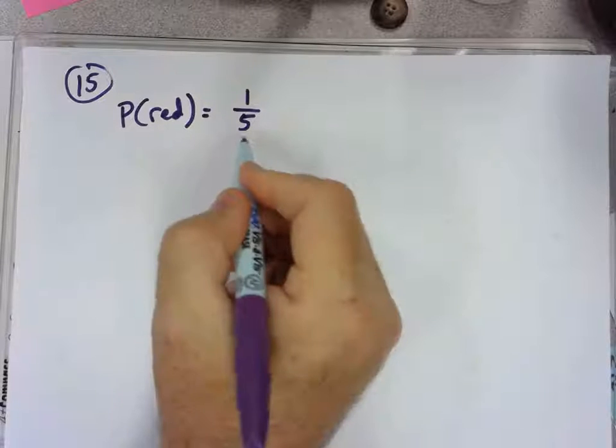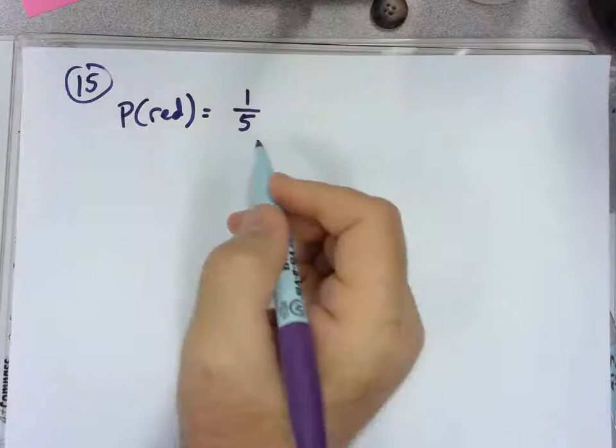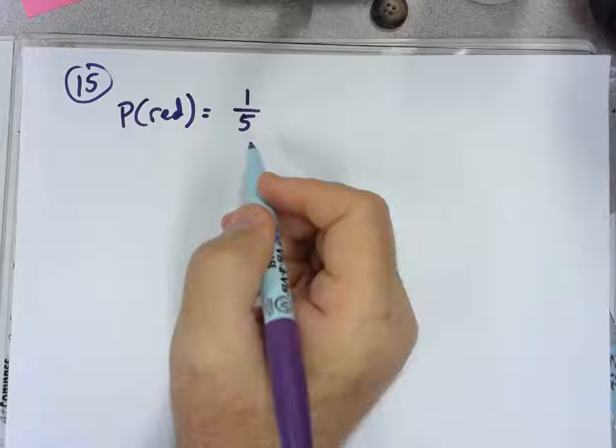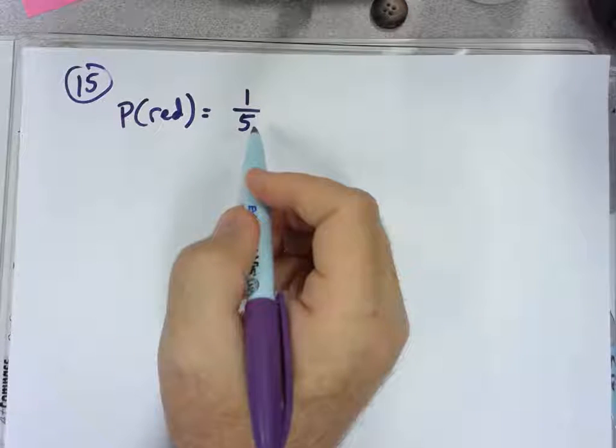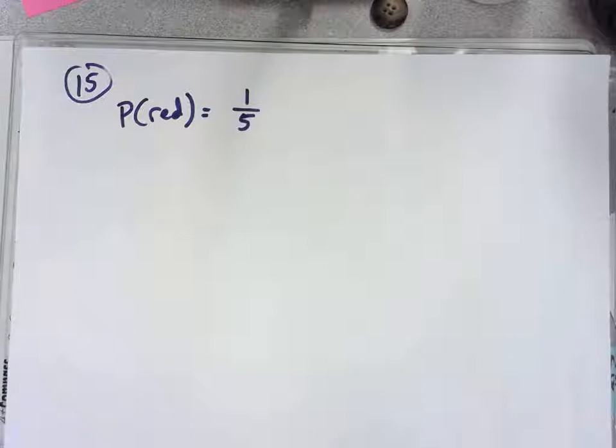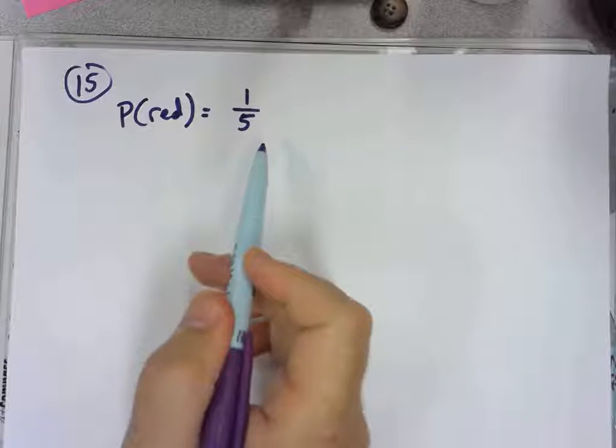It's going to reduce down to 1/5. So there's no point in doing that. Why? Because all the probabilities of getting each of those colors have to add up to 1. And 1/5 plus 1/5 plus 1/5 plus 1/5 plus 1/5 is equal to 1. So we know 1/5 has to be correct.